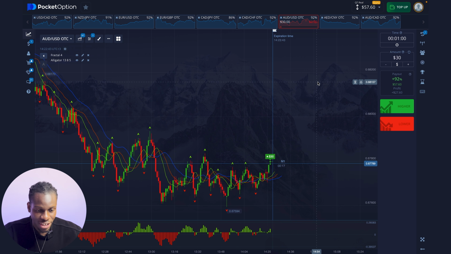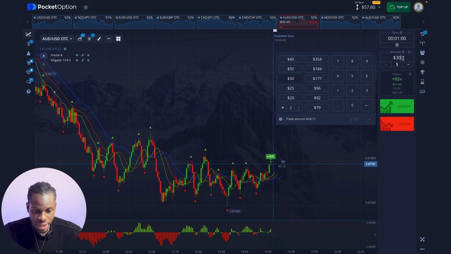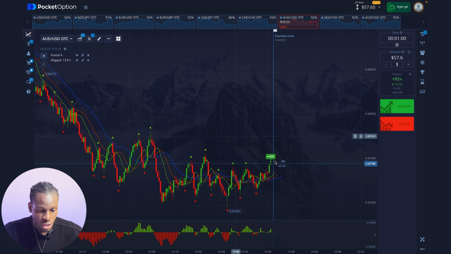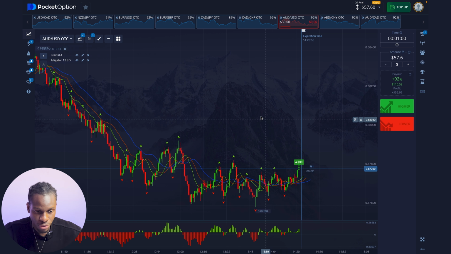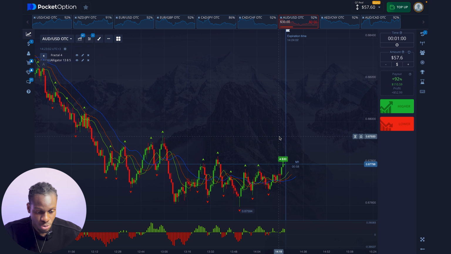Okay guys, so here I just opened a long trade, and I'm just going to adjust the balance so that in case we end up in a loss, we can cover up quickly. So the idea behind this is very, very similar to the previous trade. It's just like the opposite. We can see that there is a possible trend reversal here as well.